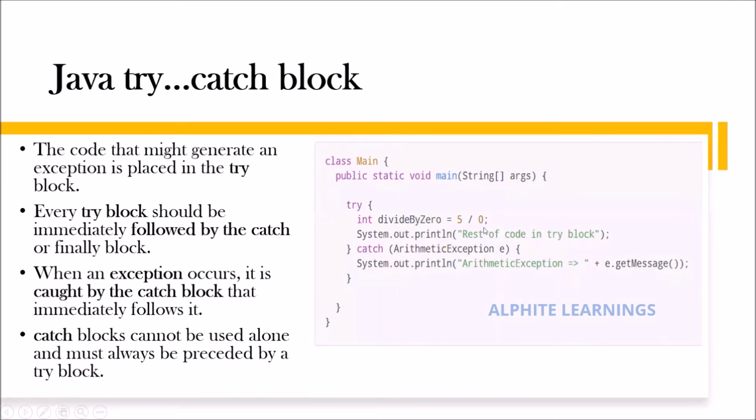So if 5 divided by 0, obviously we'll get this arithmetic exception, and it will be handled by this catch. Whatever code is outside of the try, if we have one more line of code over here, it will get executed normally. The flow of your program will not stop.